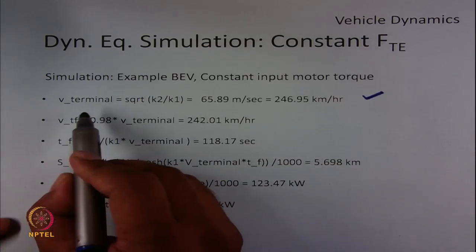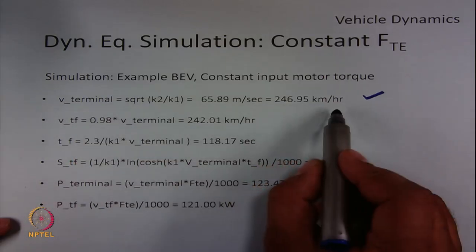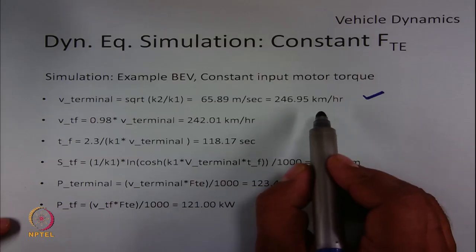So, this vehicle can go to the maximum speed of 246.95 kilometer per hour for a constant input torque from the machine equal to 14 Newton meters.